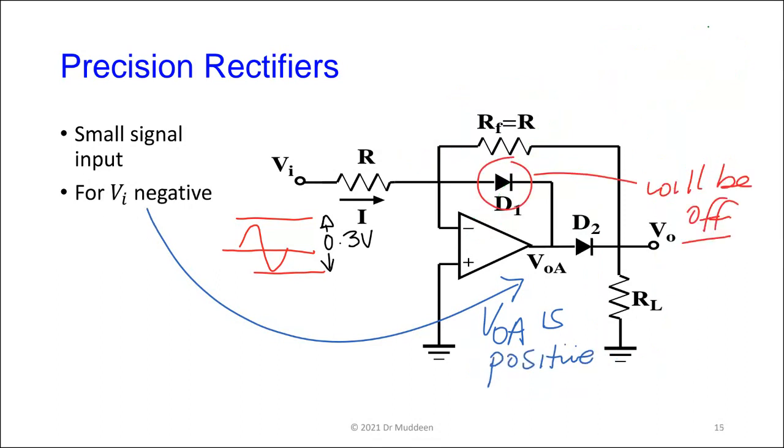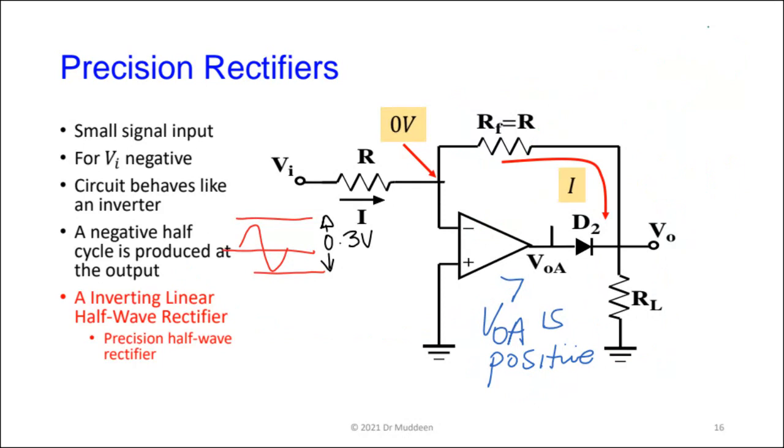When you reverse the process, then you take D1 out of the circuit, and because of that, this circuit now behaves like your normal amplifier.